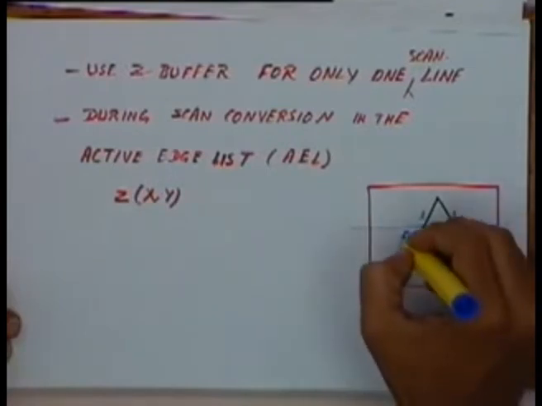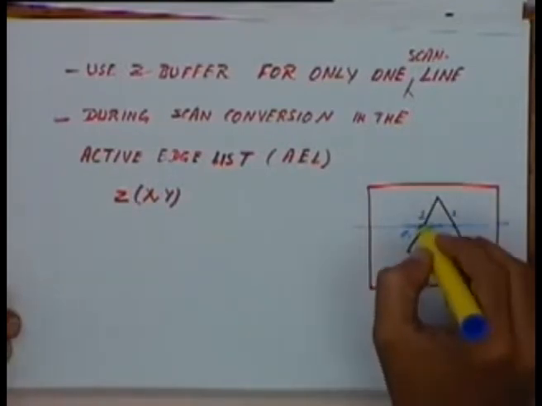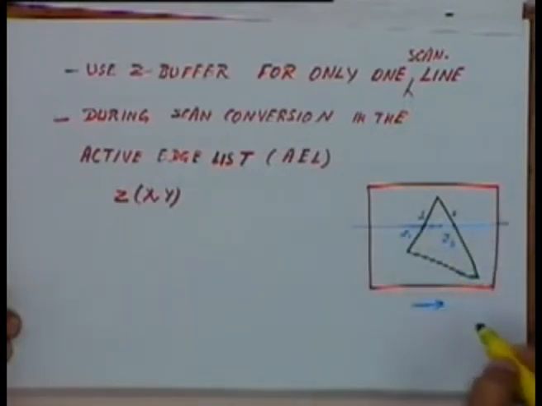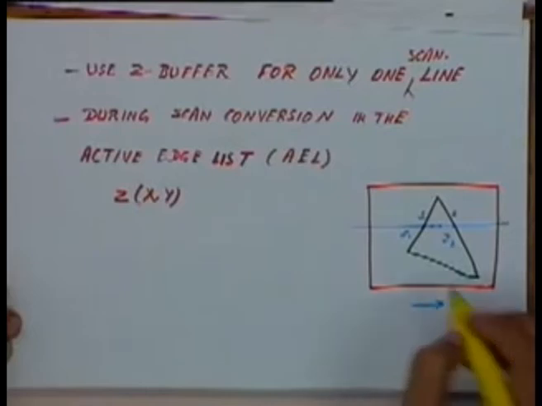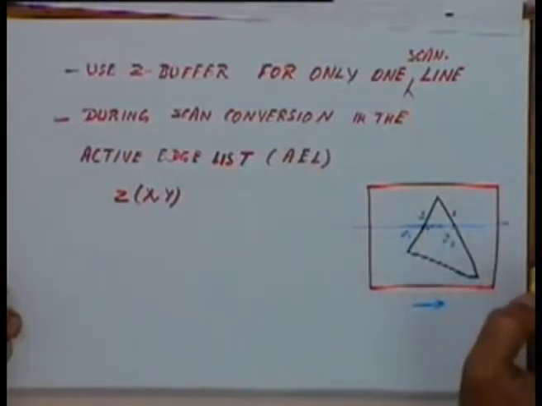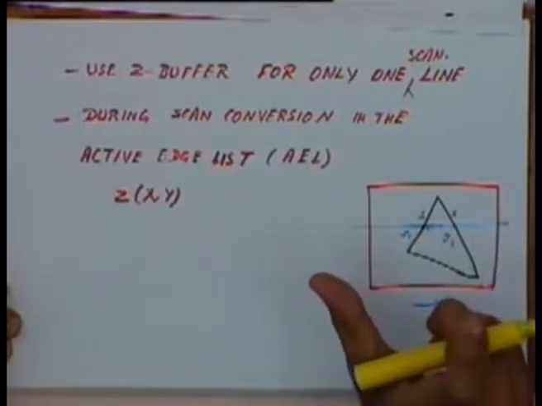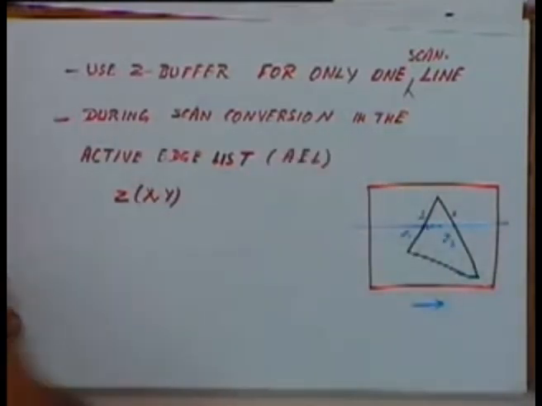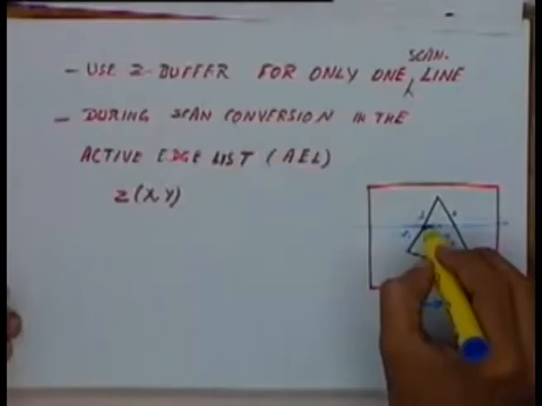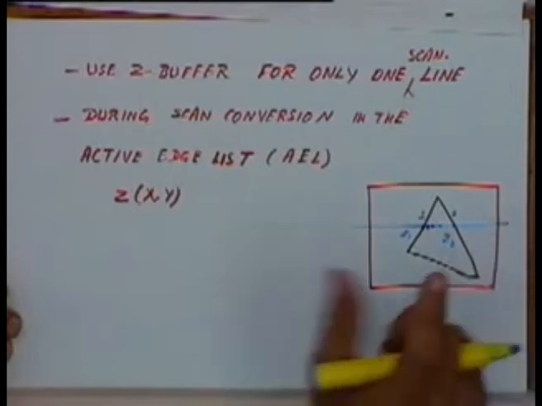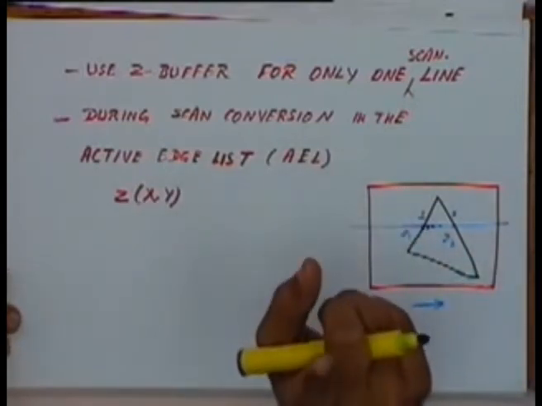If the z value here is z1, then as we move in the x direction, from one pixel to the next, the z value will change by a constant amount. Since we are talking of planar surfaces, as we move from this pixel to the next, the change in z value will be constant.